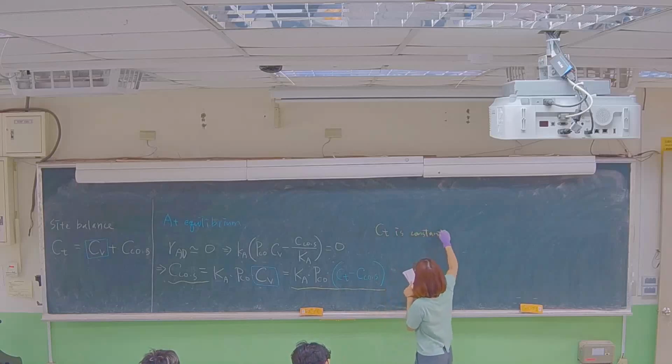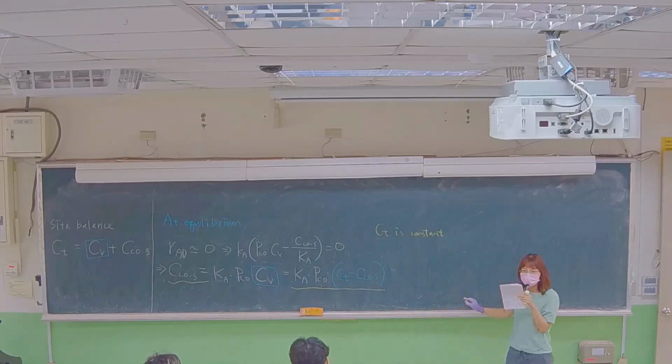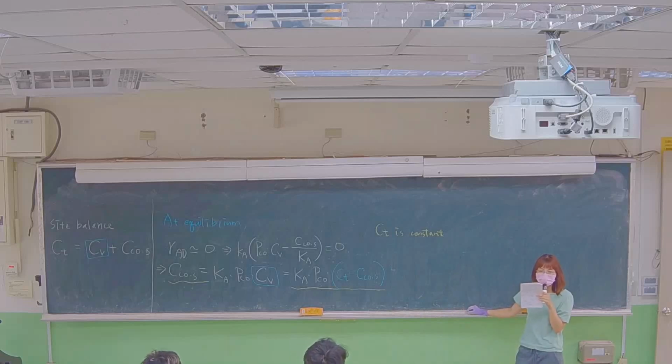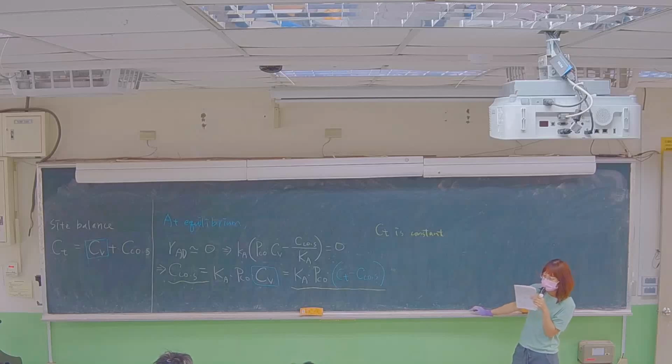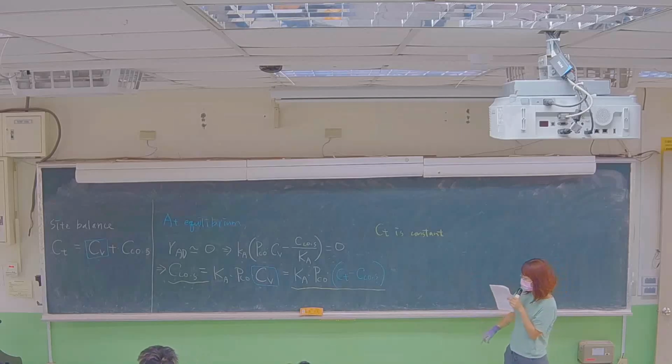CT is the total concentration of sites, and it is constant because of the assumption that the active sites do not change. So CT can appear in the final equation, and that is okay.